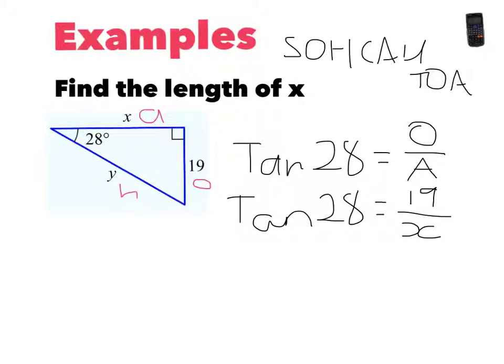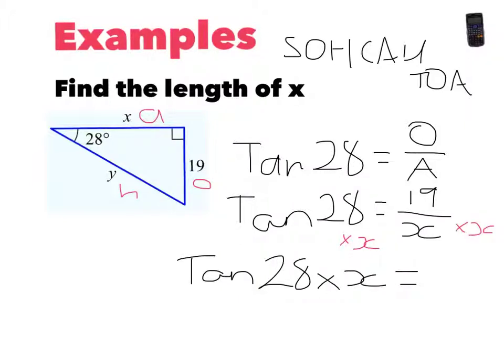I then multiply both sides by x to get rid of the x on this side. So I get the tan of 28 degrees multiplied by x is equal to 19, as those cancel each other out.